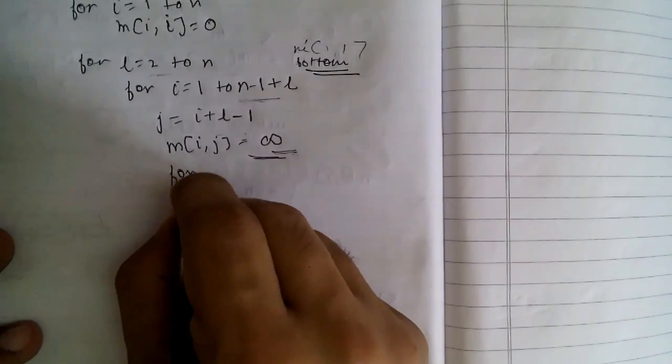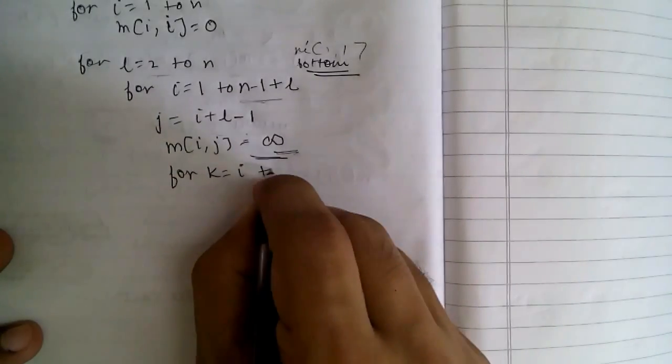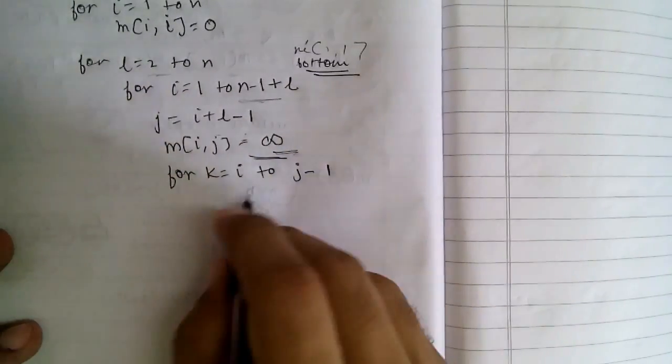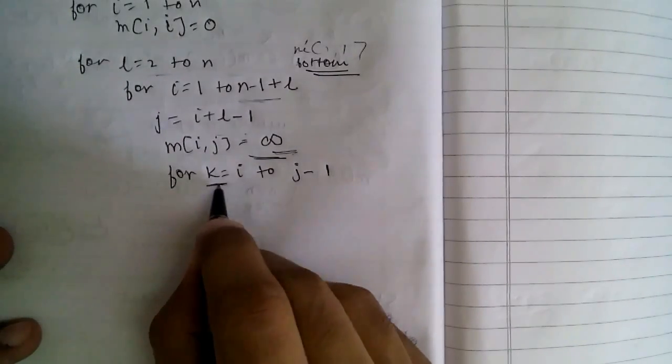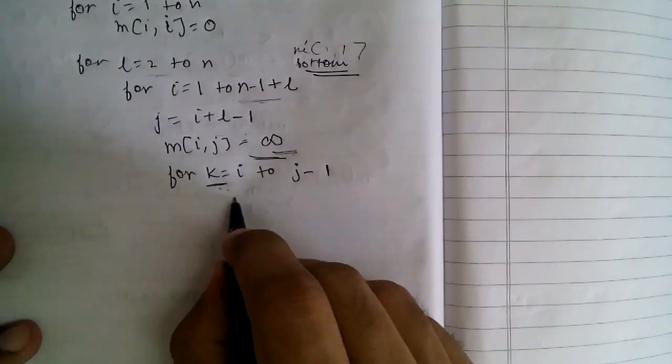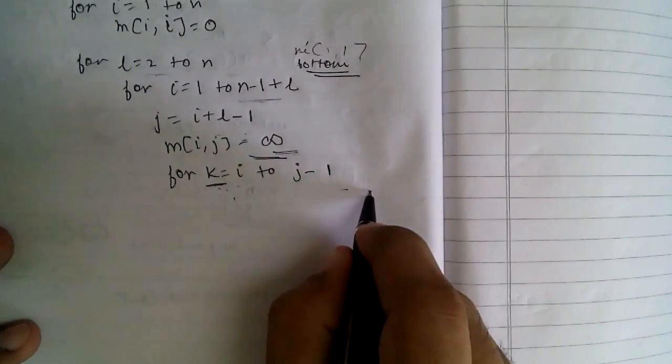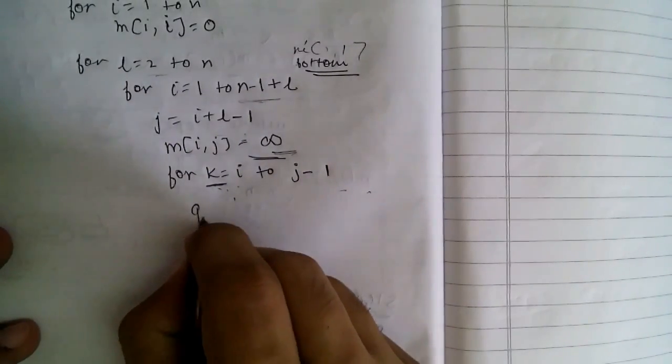Now for k equal to i to j minus 1, we will be varying k, that is the place to split the chain from i to j, and we will be calculating our cost.